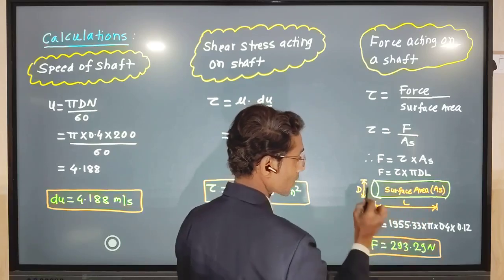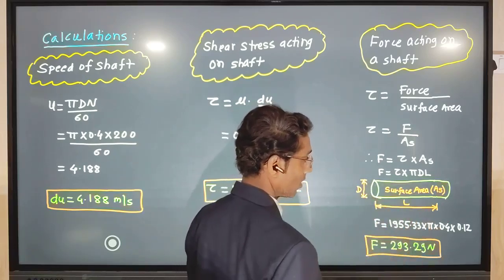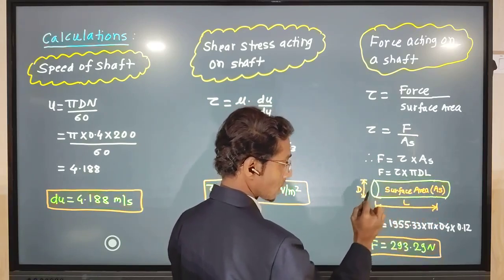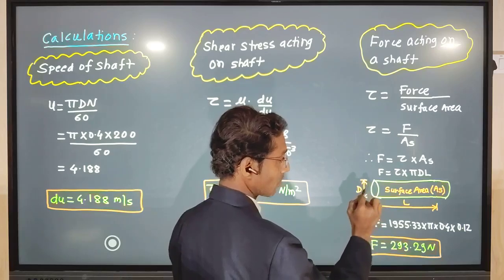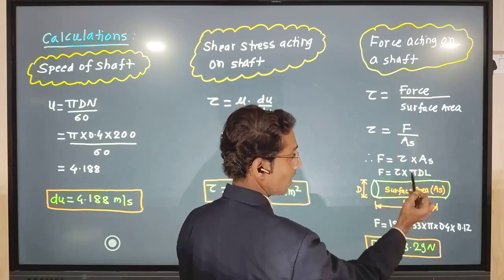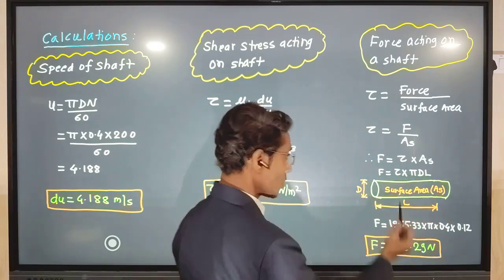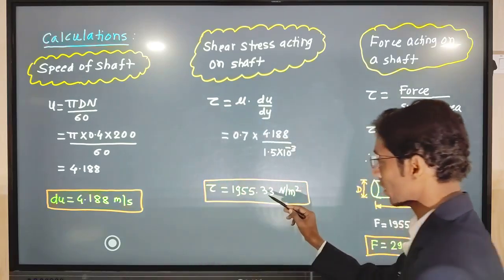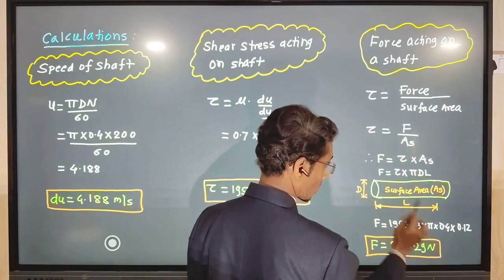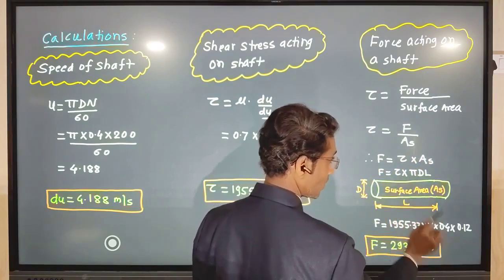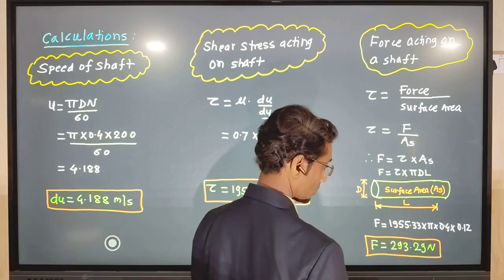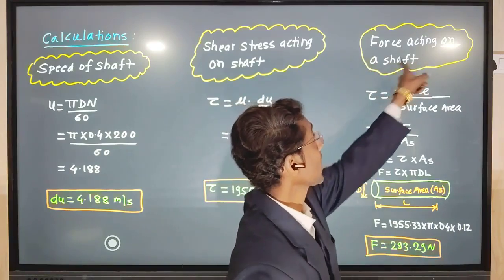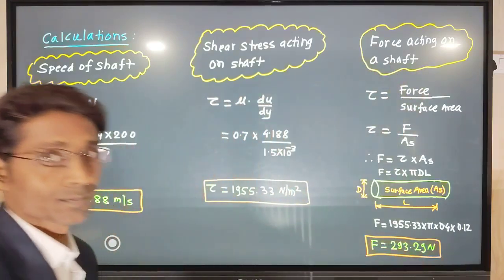This is a shaft with diameter D and length L. The surface area is the circumference of the shaft, pi D, into length L. So pi DL is the surface area. Putting in the calculated shear stress, pi, and the given diameter and length, we get the value of the force acting on the shaft in Newton.